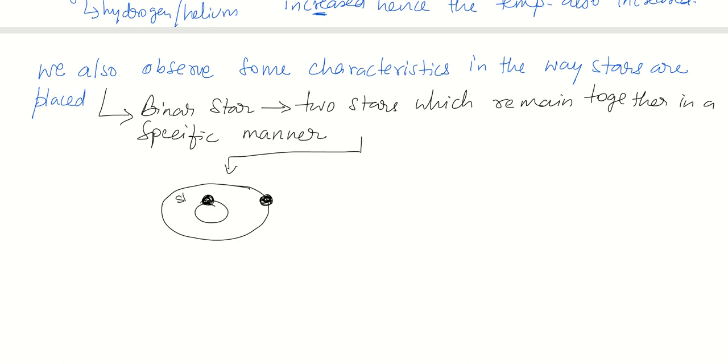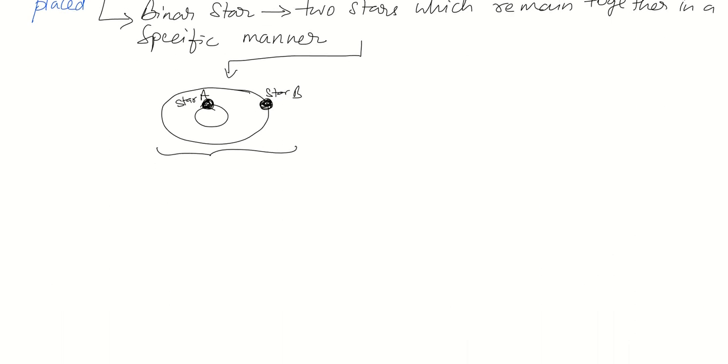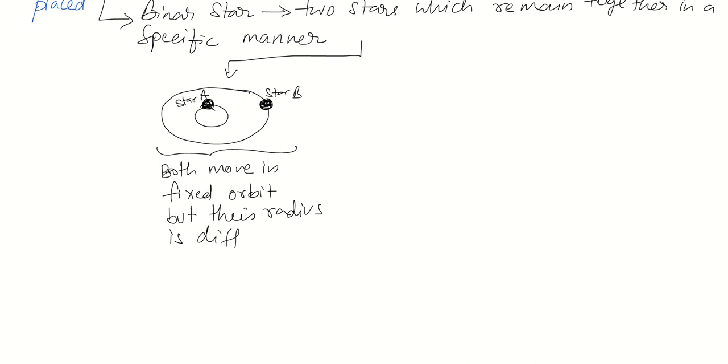So this is star A, and this is star B. So if you look here in this case, what exactly is happening here is both move in fixed orbit, but their radius is different. Okay.